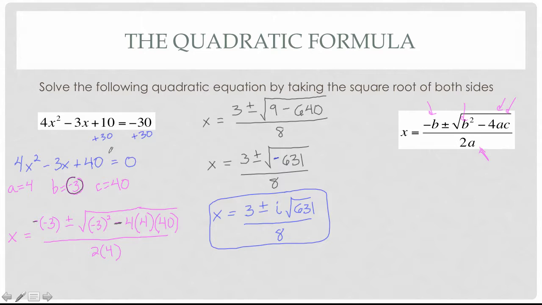So the quadratic formula at least gives you a method of getting to your exact solutions right here. And we can see that because we have i's, we have our exact complex solutions. These are not real number solutions. But there you go. That's how we use the quadratic formula. Substitute everything in, find a, b, and c after you get it equal to 0. Substitute it in, simplify things out step by step as far as you can.